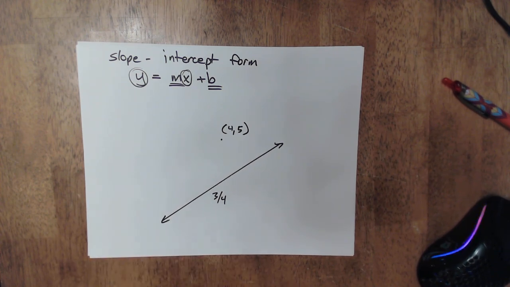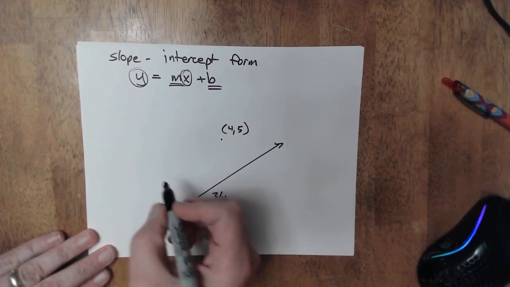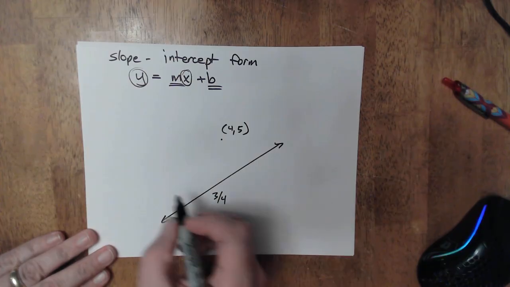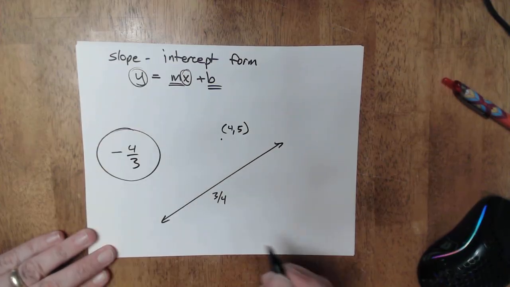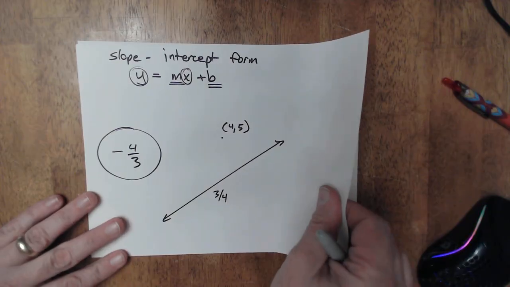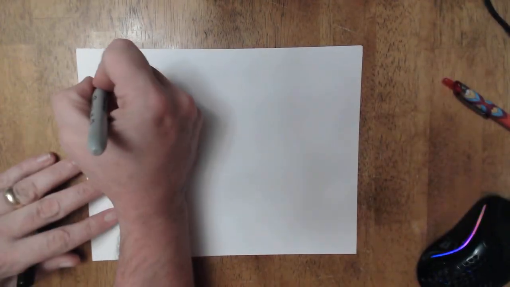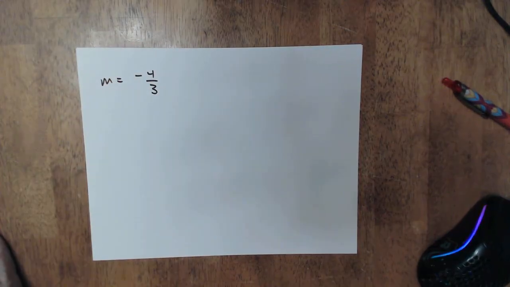Let's say that we're doing an example that's perpendicular. Okay, so I take the slope from this line and I switch the sign and I flip the fraction to 4/3. Okay, so now I'm going to make a note of that somewhere in a different location probably and say, okay, m equals negative 4/3. Perfect. All right, and then I want to know, where do I need to go?